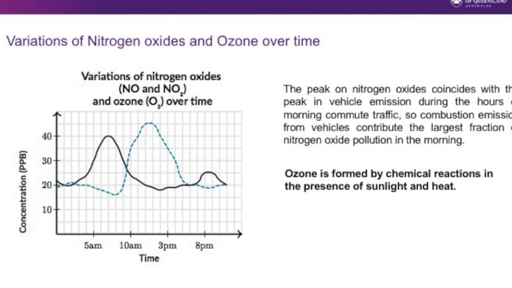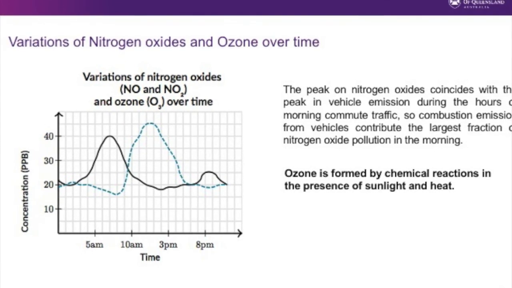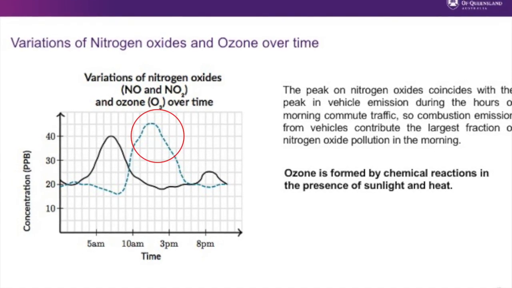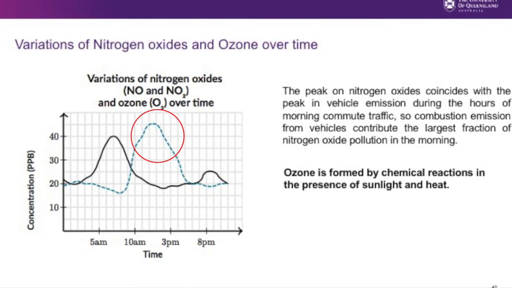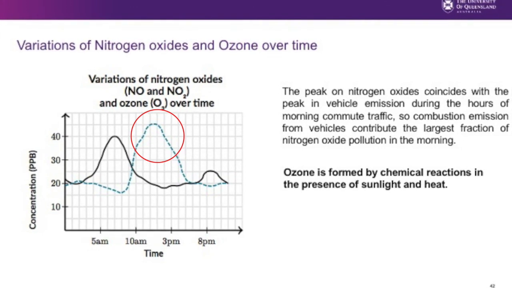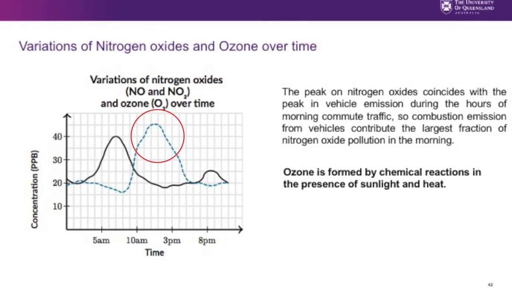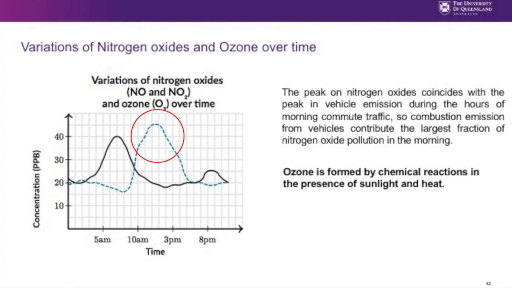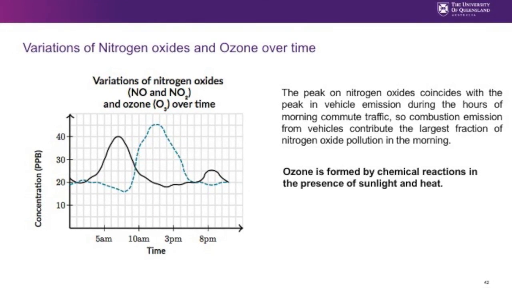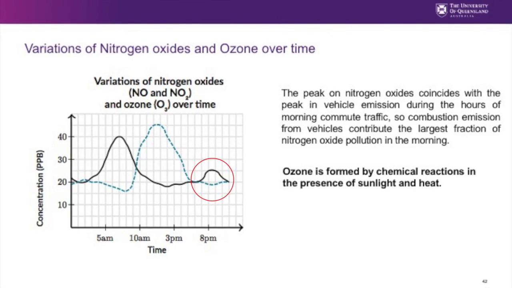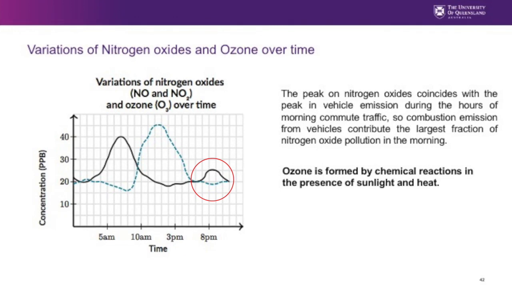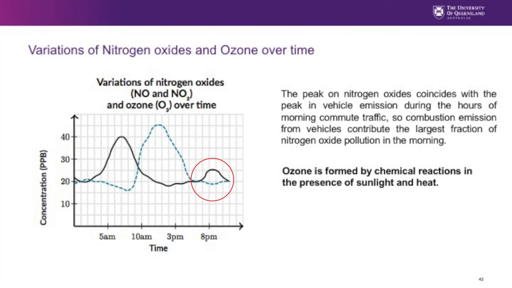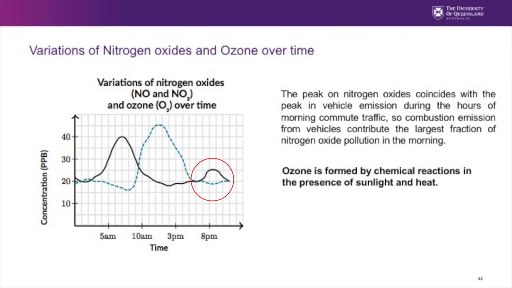Then later at midday, you can see an obvious peak of ozone formation, because there is the presence of NOx, but also the presence of sunlight that is required for the formation of ozone. Then later in the night, you can see that the ozone concentration decreases, because it dissipates at night, and also due to the lack of sunlight that impedes the formation of new ozone.